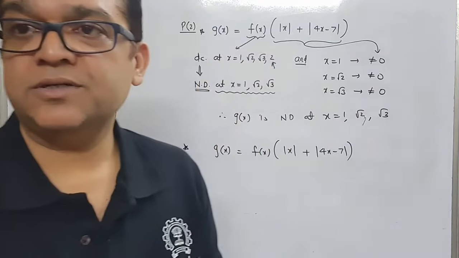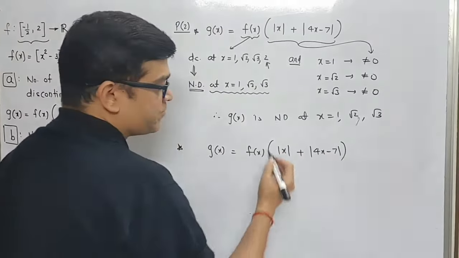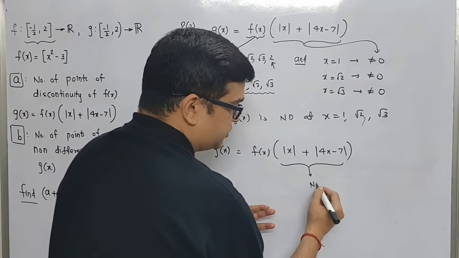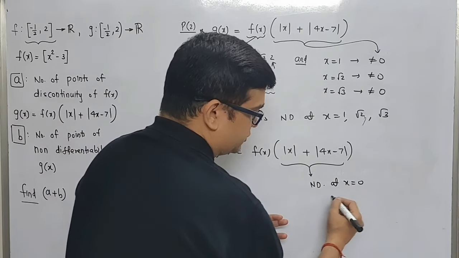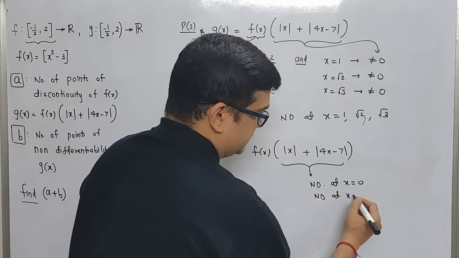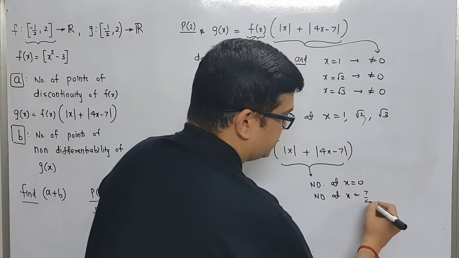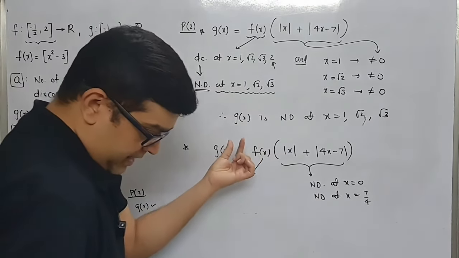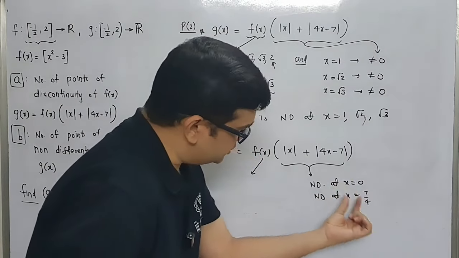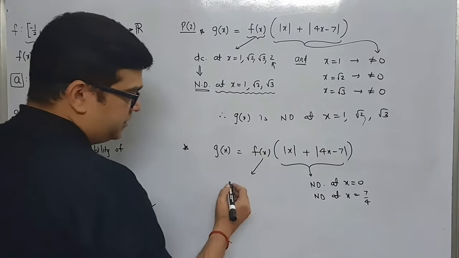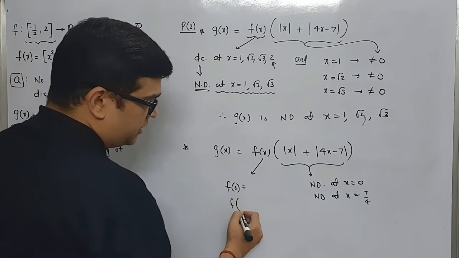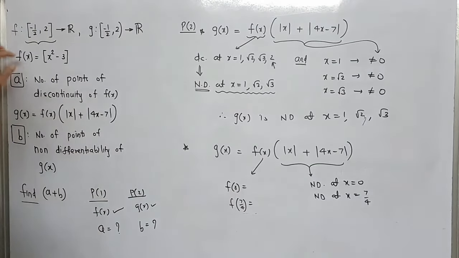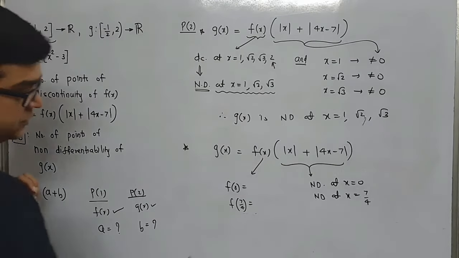Now, when you look at this g(x), observe from this side, the second member of the product function here is not differentiable at x equal to 0. This is not differentiable at x equals to 7 by 4. Now I'll check the value of the other function at x equal to 0 and x equal to 7 by 4. The value of the function at 0 is going to be non-zero, right?